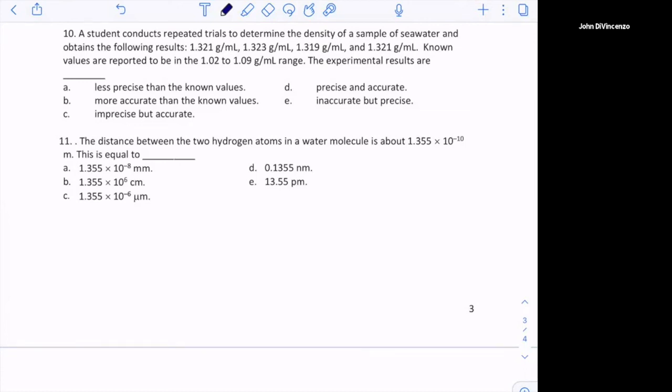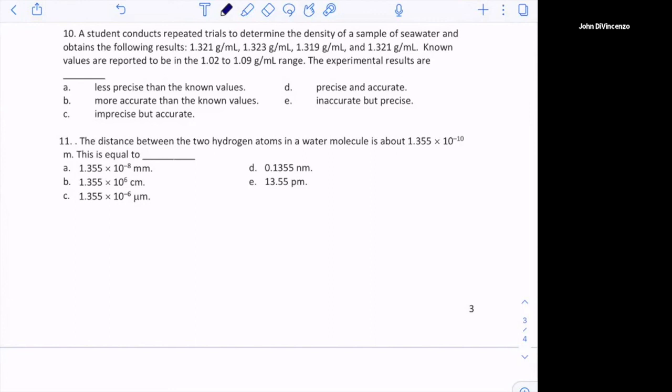And now here, let's see. Repeated density of a sample of seawater: 1.3, 1.3, 1.3, 1.3. Those are all pretty close. You got 1.321, 1.323, 1.321, and 1.319. Those are all pretty darn close. They're all the same to 2 significant figures, the 1 decimal place.